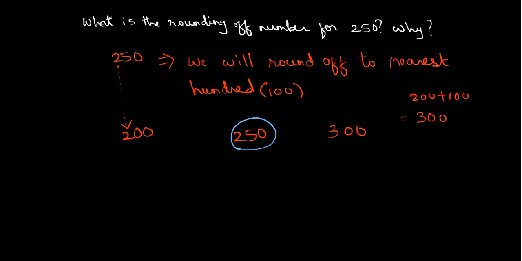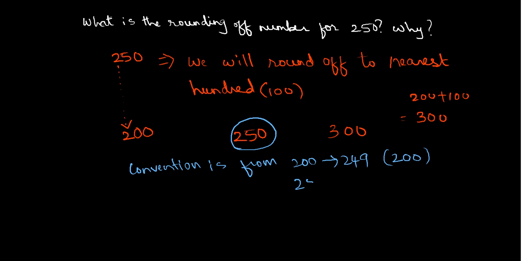Okay, generally the convention is from 200 to 249 we round it off to 200, and from 250 to 300 we round it off to 300.